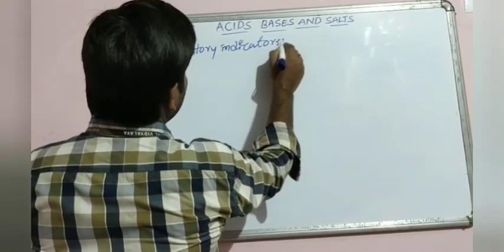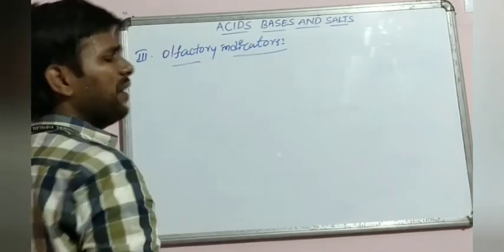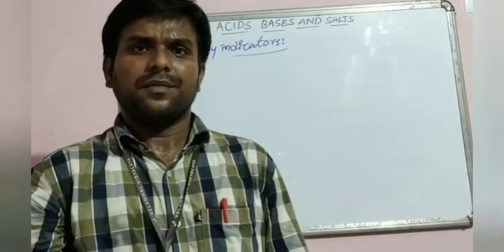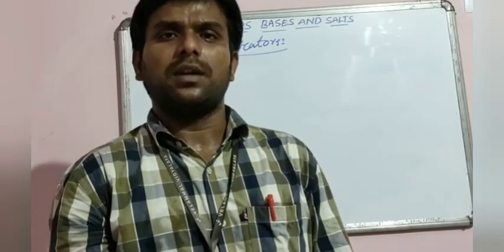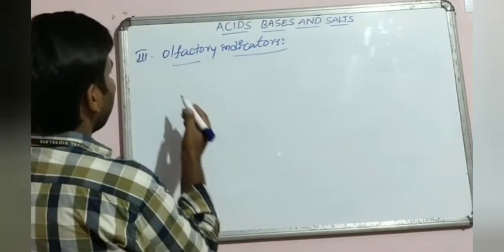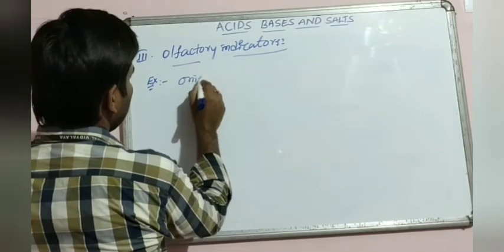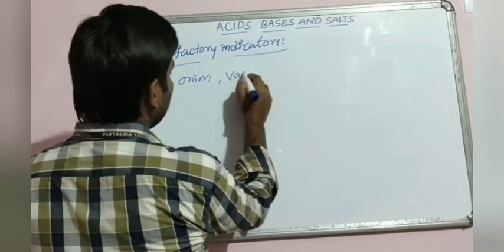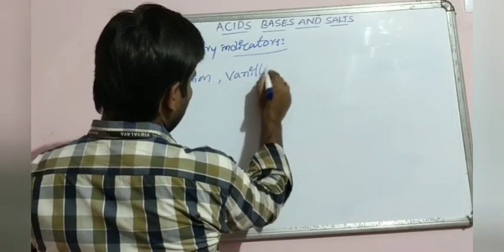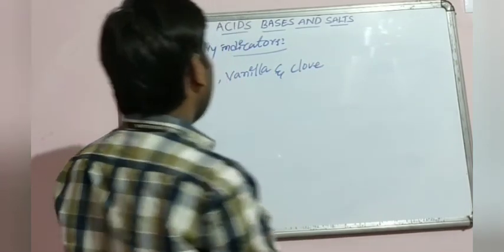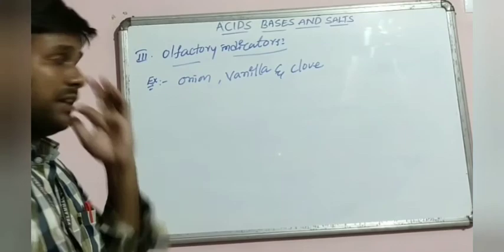For example, onion, vanilla, and clove oil are olfactory indicators.